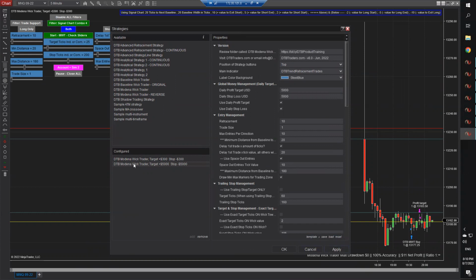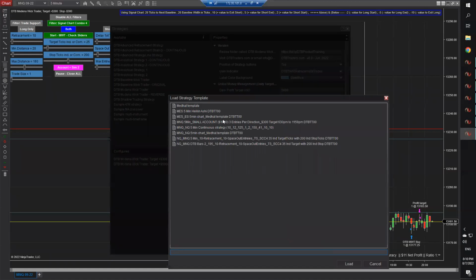So immediately, if you run the script, any DTB member, if they run the script, they'll be able to load the template. And I've actually created one here called MNQ 5-minute small account with $1,000 in it, 3 entries per direction, and a $300 target, trading from 6:30 p.m. to midnight.